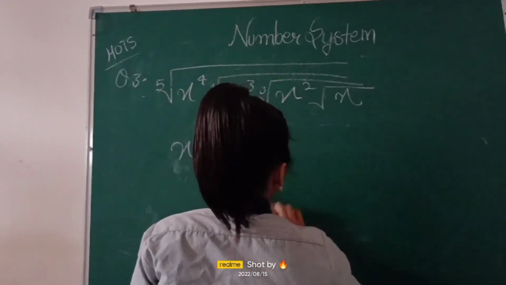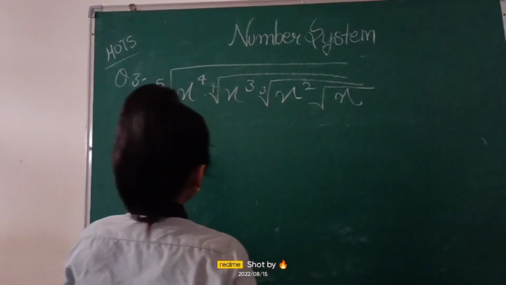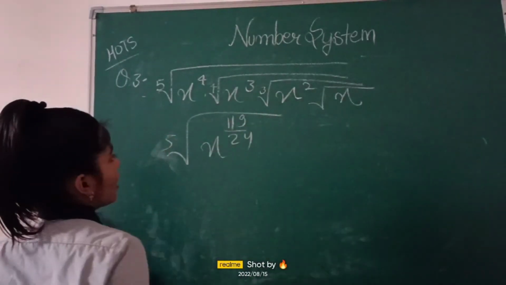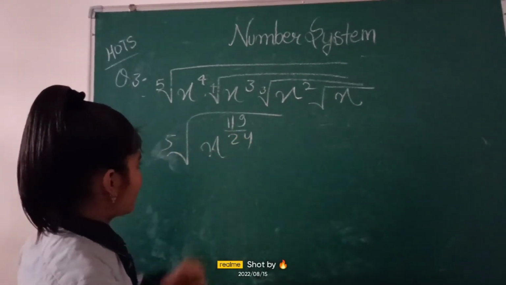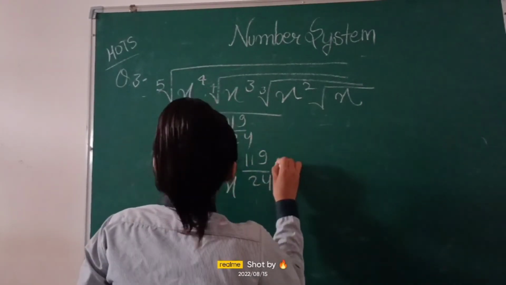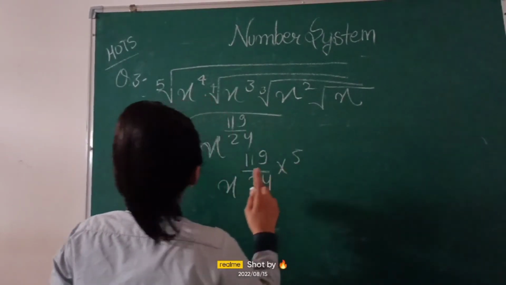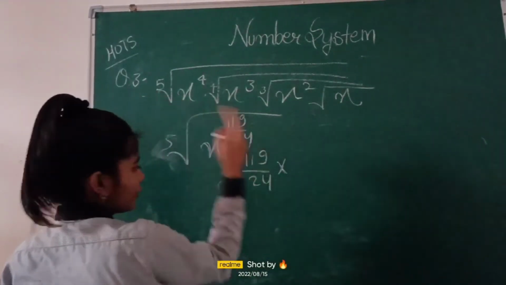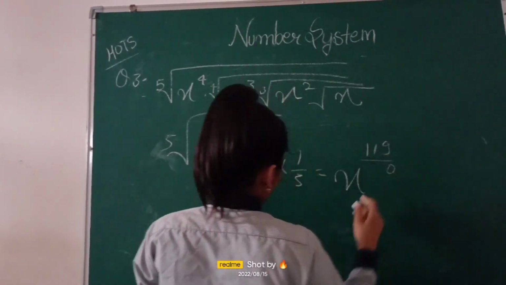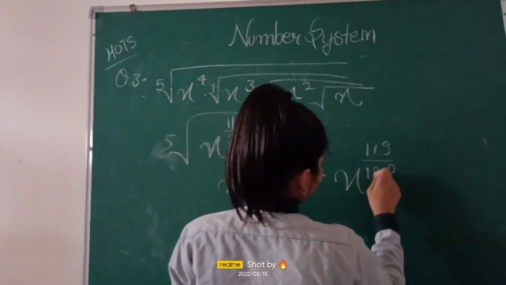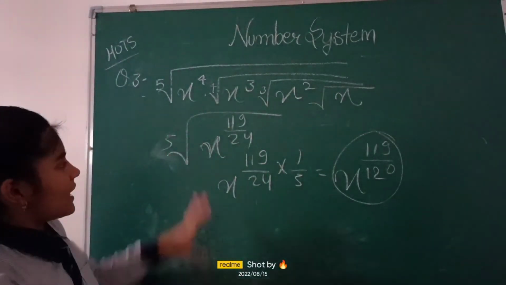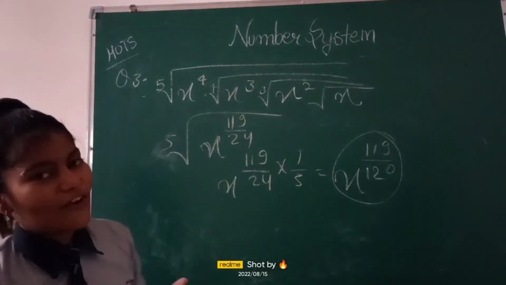We got x raised to the power 119 by 24 under the fifth root. Now we have to multiply the power by 1 by 5, because it is the fifth root. So it will be x raised to 119 by 24 times 5, that is 120. We got this answer. x raised to the power 119 by 120 is the required answer of this value.